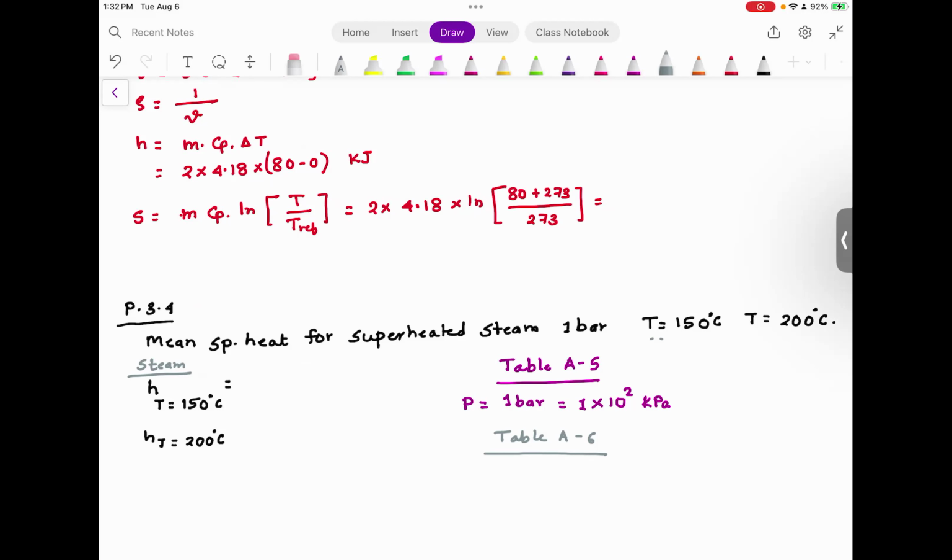Go to the table and find when the pressure is 0.2, which is nothing but 0.2 bar, 0.3 bar, 0.5 bar, 0.6 bar, 0.7 bar, and then 1 megapascal, 0.1 megapascal. So I want you to go to 0.8, 0.9.